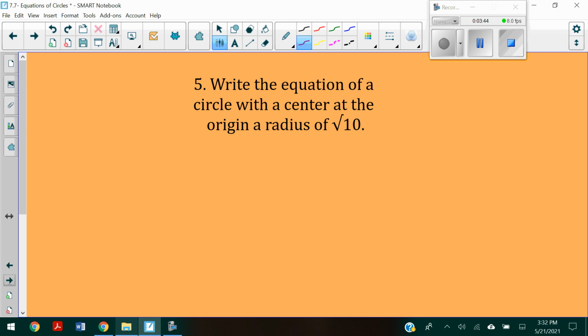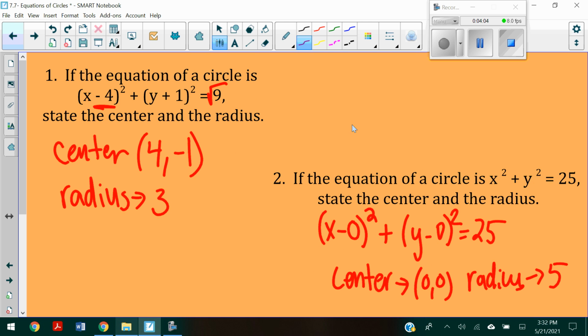If we look at the last one on the front side of the notes, it says write an equation for the circle with a center at the origin. The origin, remember, is 0, 0, and it has a radius of the square root of 10. We saw something like this two slides ago. We would simplify.